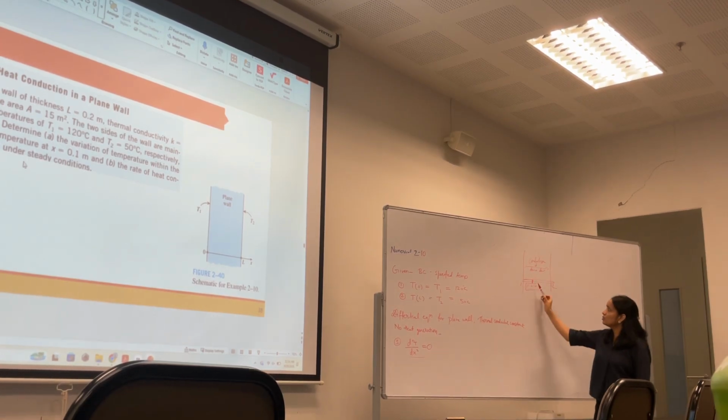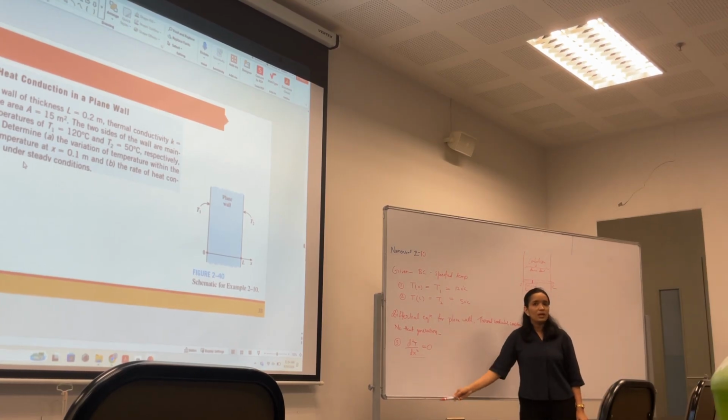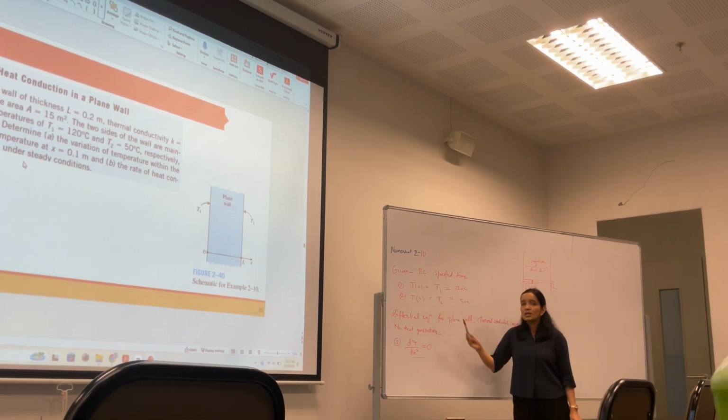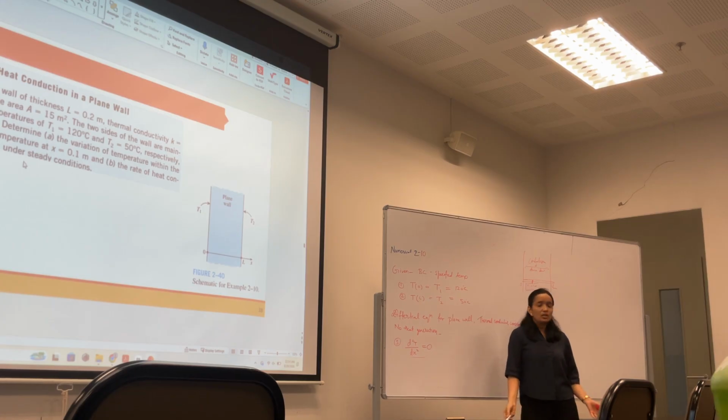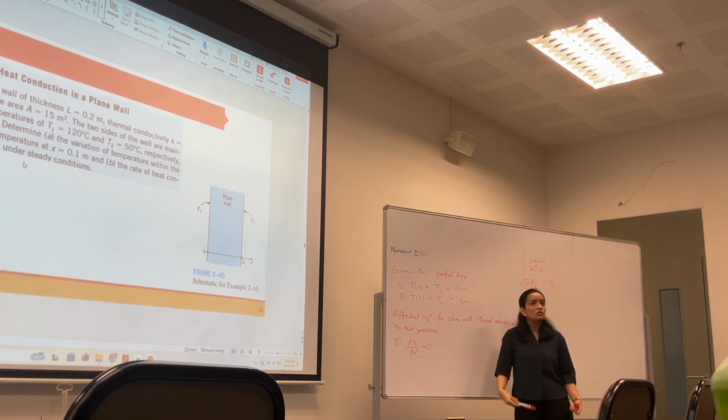I need to know the temperature here, so I need to solve this. Every heat transfer problem will have at least two boundary conditions. If you have software, you can design a wall like this, specify the boundary conditions and the software will solve it for you. But now you have to do it by hand.